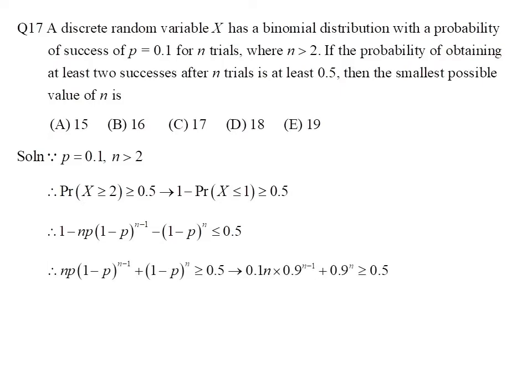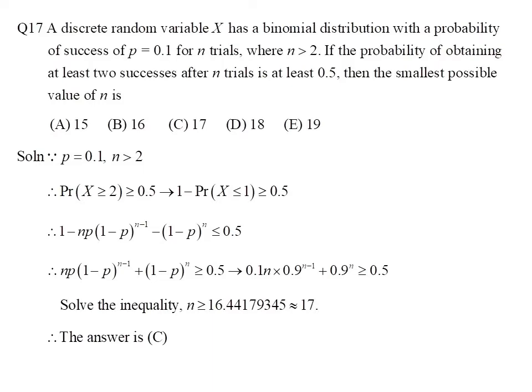Hence, the inequality is written as 0.1 times n times 0.9^(n-1) plus 0.9^n ≥ 0.5. Solving this inequality gives the result n ≥ 17. So the answer for question 17 is C.